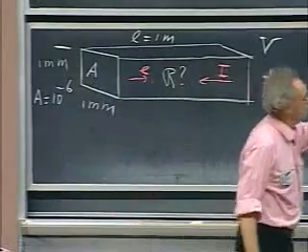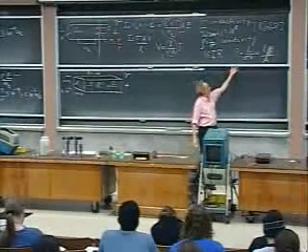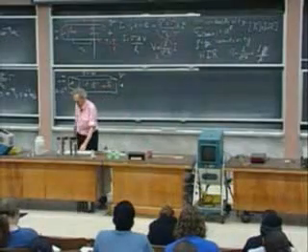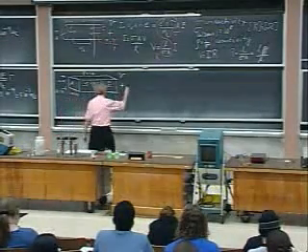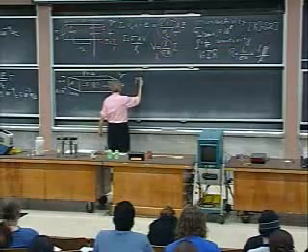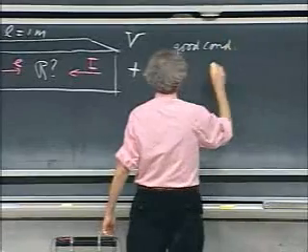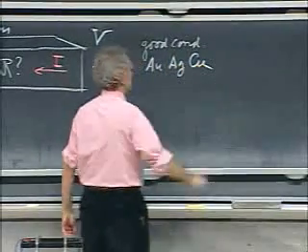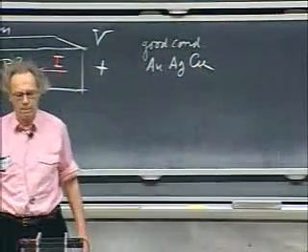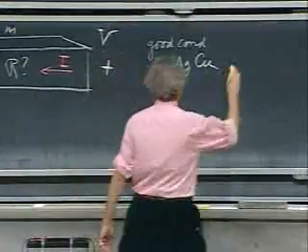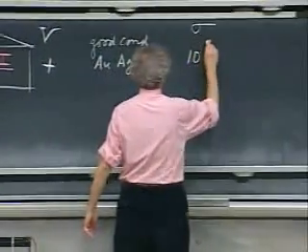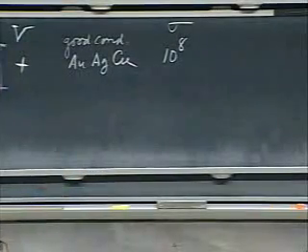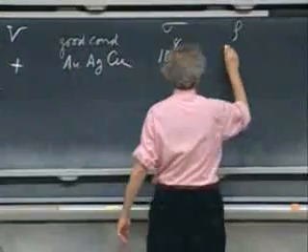Well, very easy. You take these equations, you know L and A. So if I tell you what sigma is, then you can immediately calculate what the resistance is. So let's take first a good conductor. Silver and gold and copper are very good conductors. They would have values for sigma of 10 to the 8, as we just calculated for copper. You've seen it in front of your own eyes. So that means rho would be 10 to the minus 8.